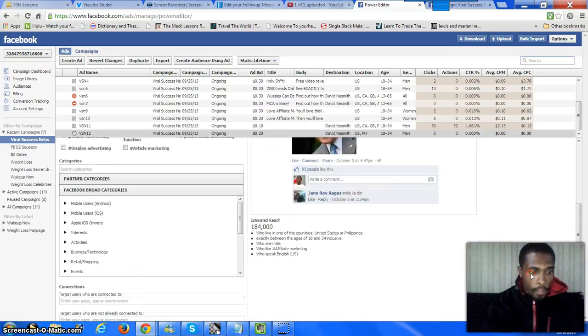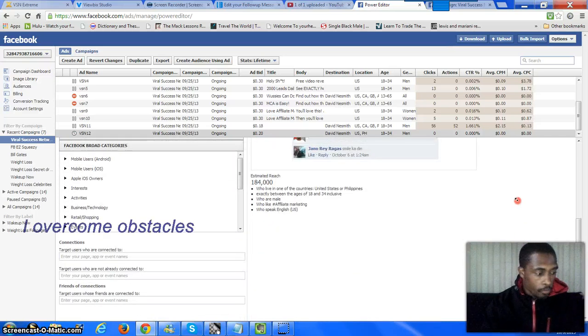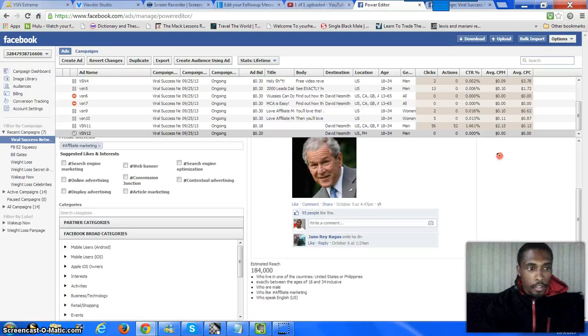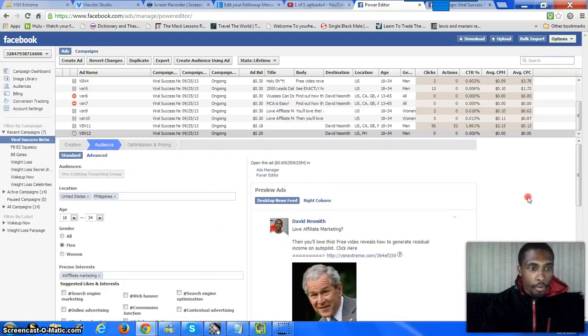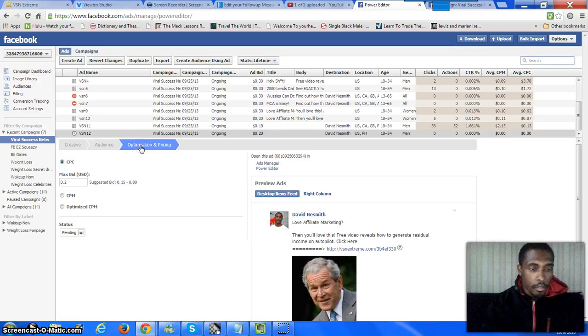And the next thing you want to do is go to pricing. Now, whenever I have my ad show up in the newsfeed, I always like to use the cost per click, because it ends up turning out to be cheaper, and it turns out to be cheaper all the time.